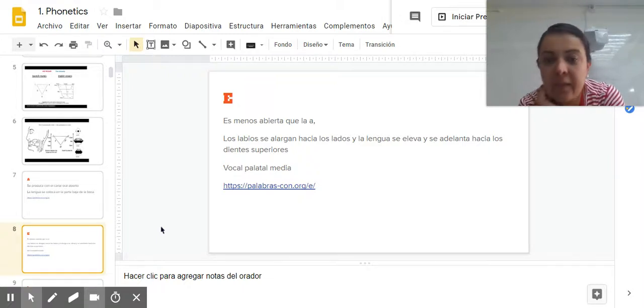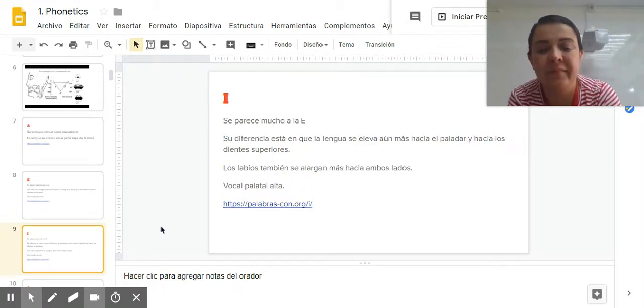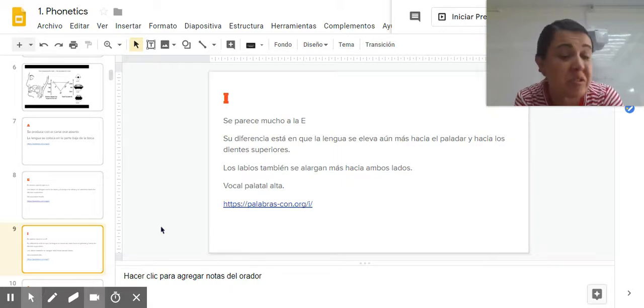Now let's go with E. It's very close and very similar to the previous one. The difference is that this time the tongue goes a little bit more to the palate and to the superior teeth, and you close it a little bit more.